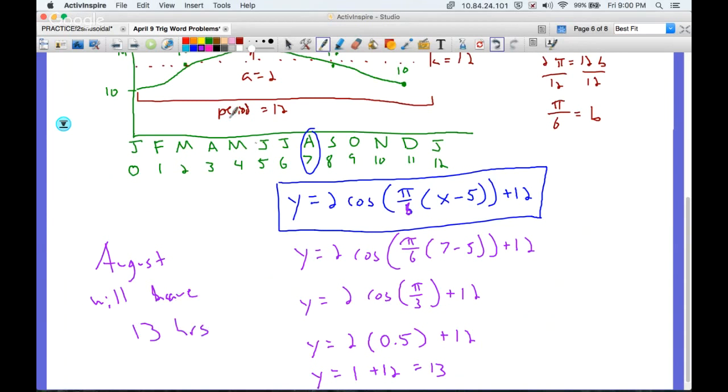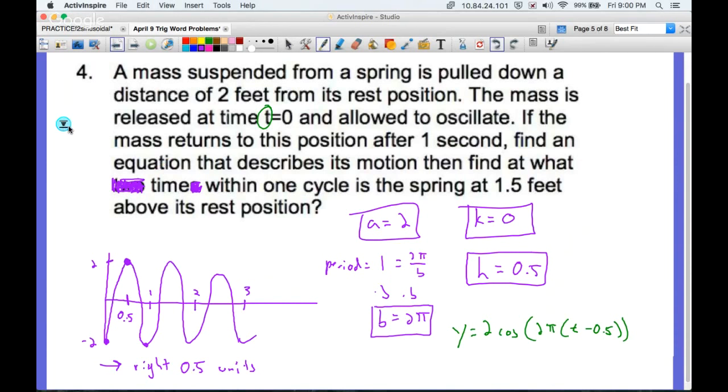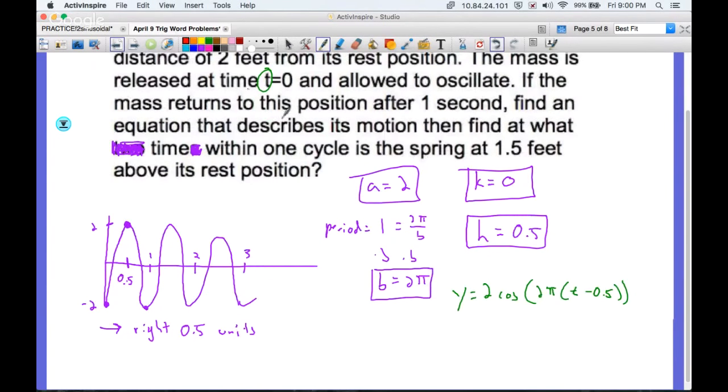13 hours. All right, so that reminded me I needed to go back. We need to calculate when the spring was going to be at 1.5 feet. To do that, we plug that in for y. So I need to put a 1.5 here equals 2 cosine, all this stuff.